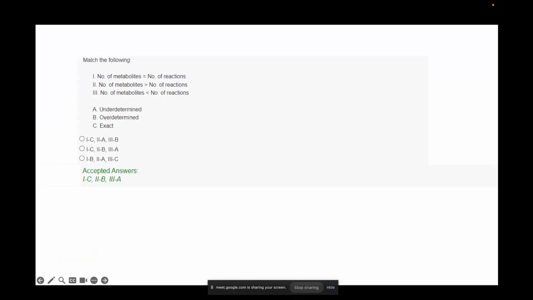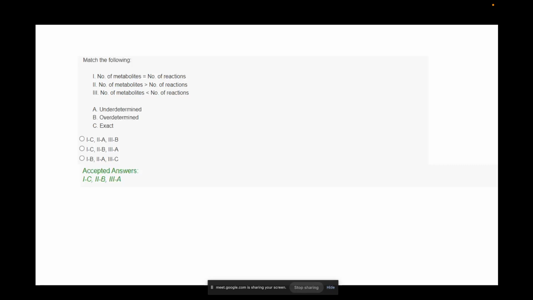So when you have underdetermined, basically the number of unknowns is greater than the number of equations, and overdetermined is when the number of unknowns is lesser than the number of equations. So that is the idea.